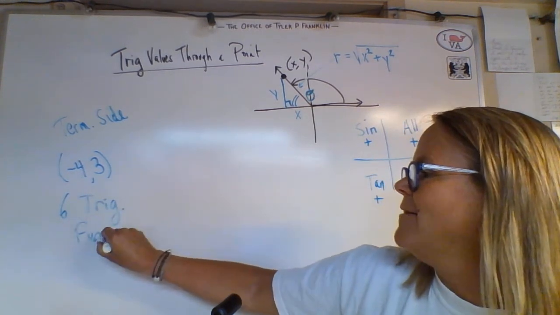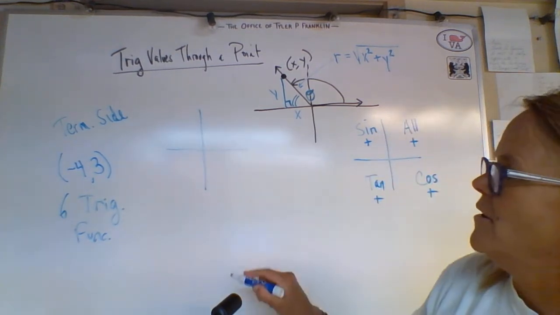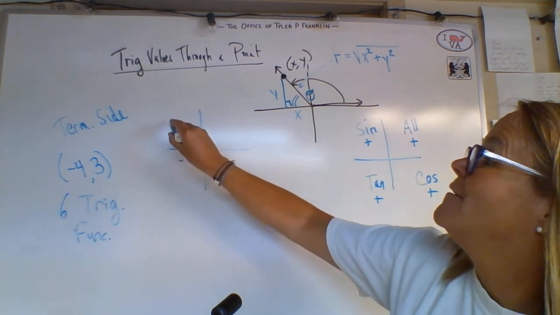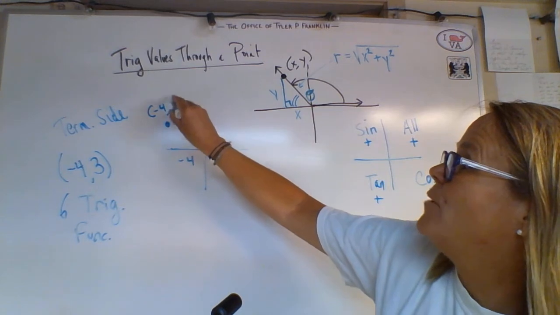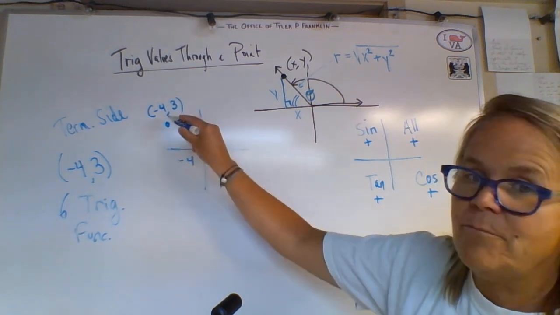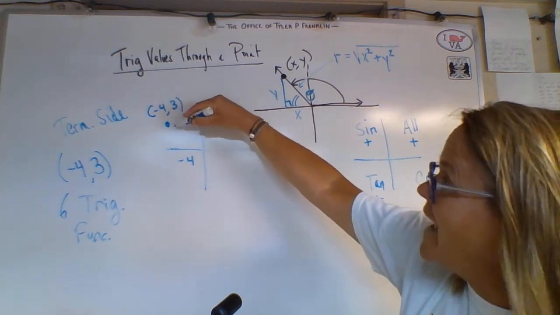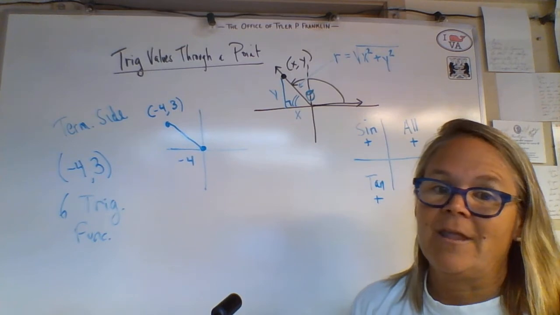I like to draw a picture. Here's my picture. The point (-4, 3) would be up here. I went left 4, up 3. If it's on the terminal side of an angle, it has to be connected to the origin.